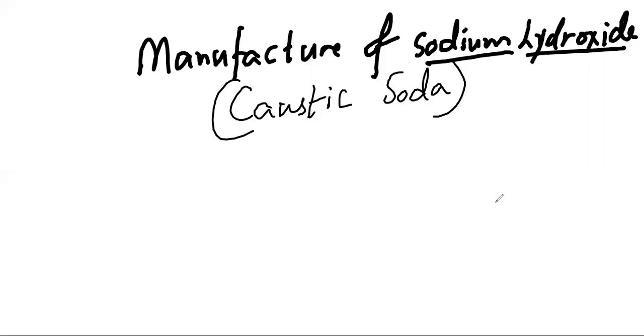The next most important manufacturing is of sodium hydroxide, caustic soda. How do we obtain sodium hydroxide? By electrolysis.